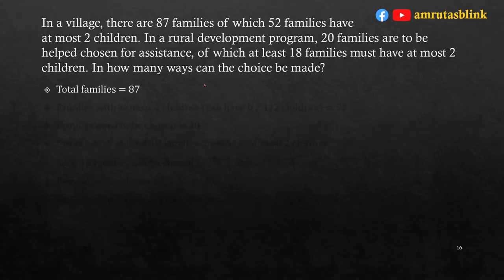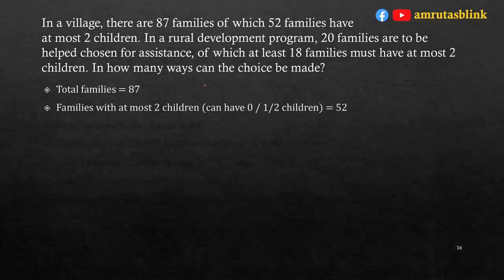How many total families are there? There are total 87 families. Now, out of these 87 families, there are 52 families which have at most 2 children. That means these 52 families can either have 0 children, that is no children, plus 1 child, plus 2 children, because it's given as they have at most 2 children.